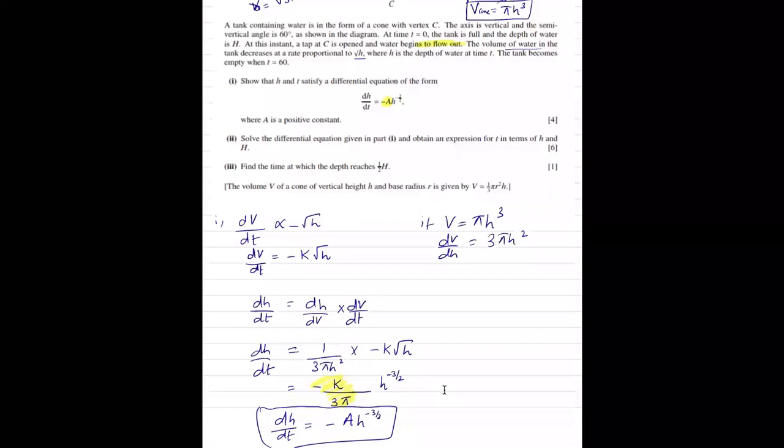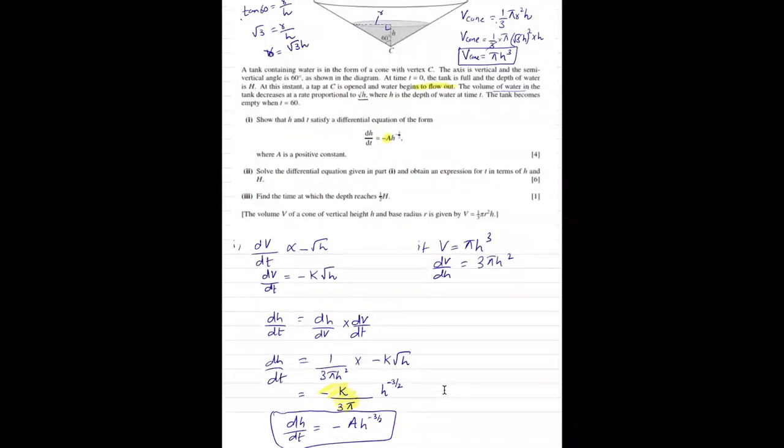Now in the second part, solve the differential equation given in part 1 and obtain an expression for t in terms of h, in terms of small h and capital H. So we are going to separate the variables. dh over dt is equal to minus a h to the power of minus 3 by 2.